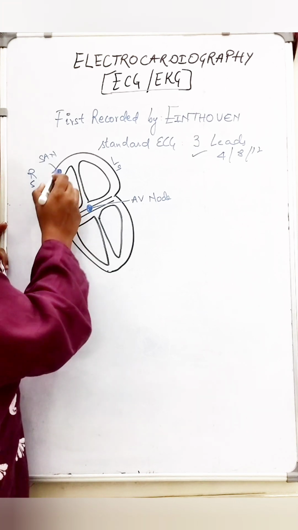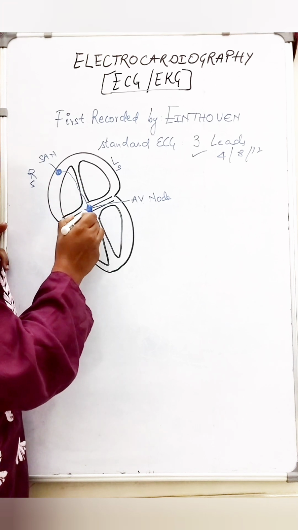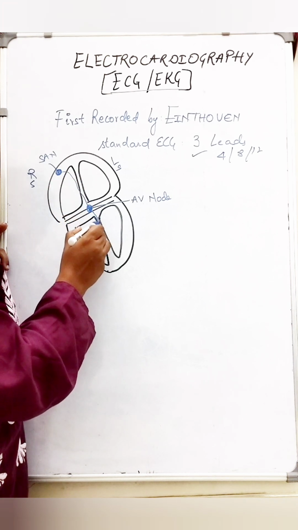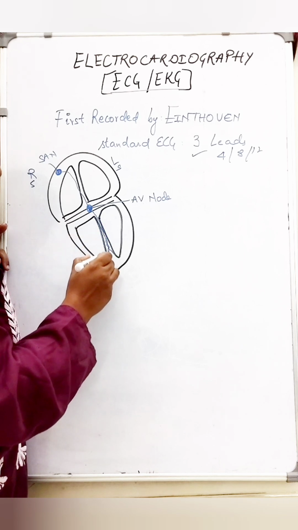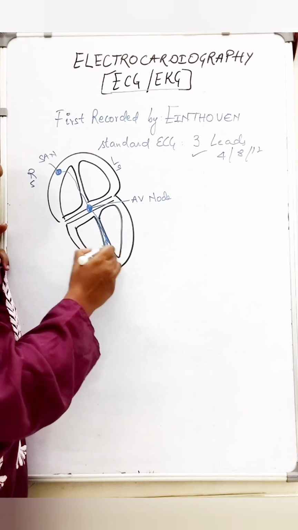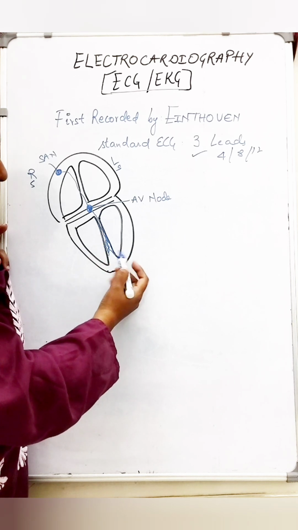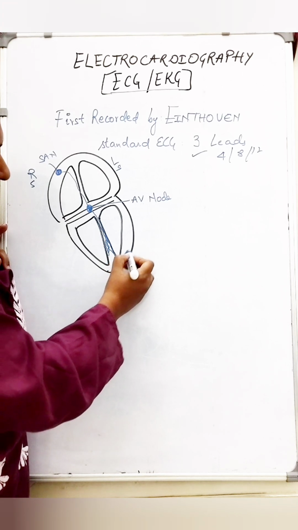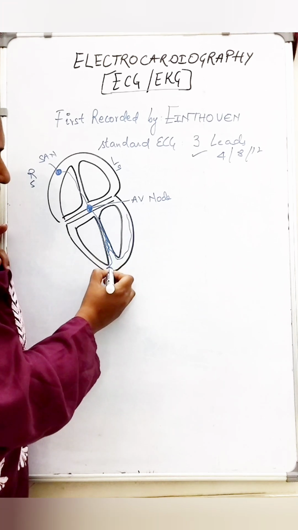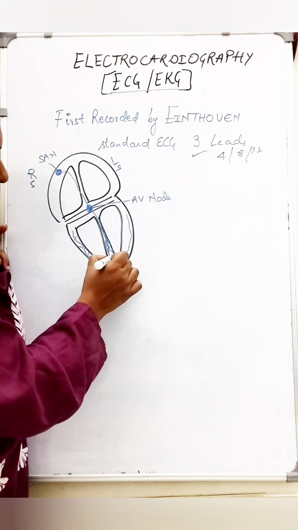Now the electric impulses are always transmitted from SA to AV. Further, AV is going to carry it to the bundle of His, which is running parallelly to the interventricular septum, and then going towards the left branch of Purkinje fibers and to the right branch of Purkinje fibers.